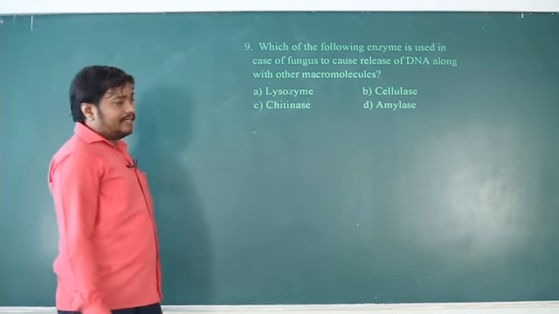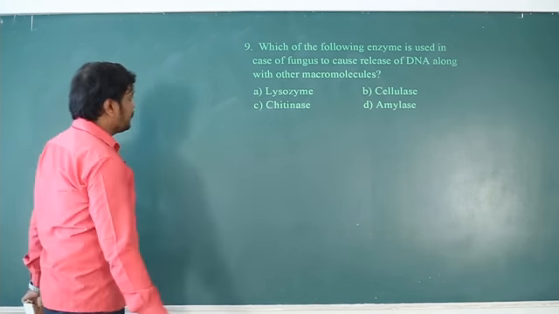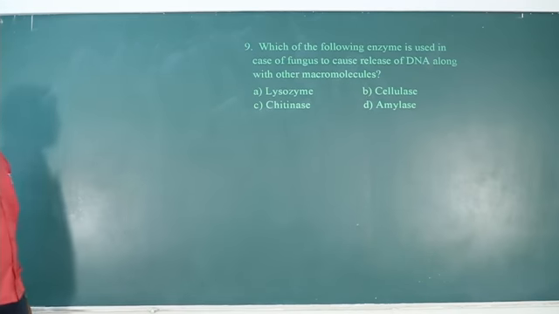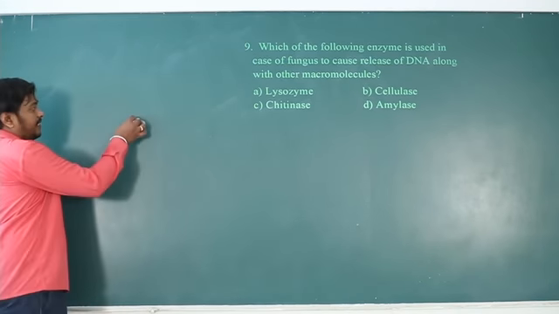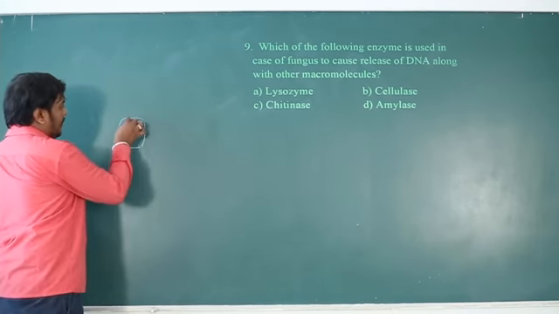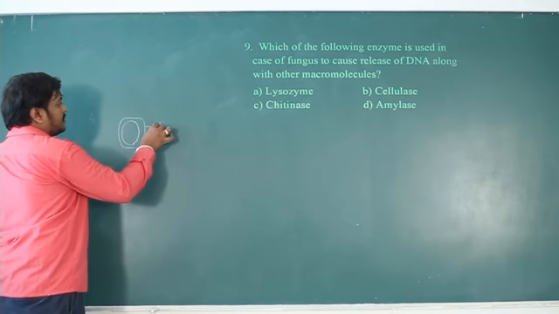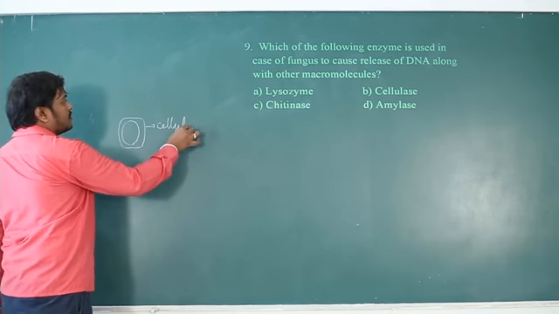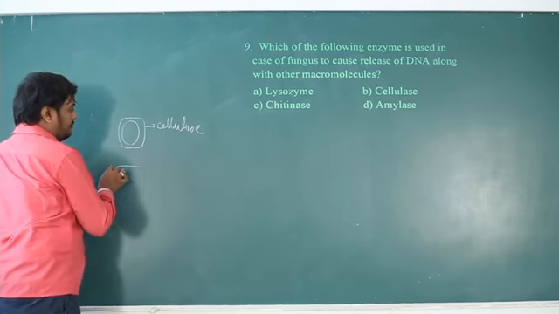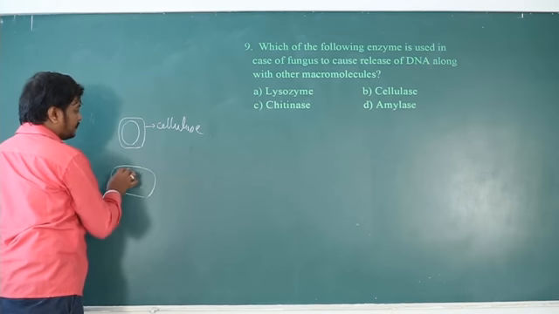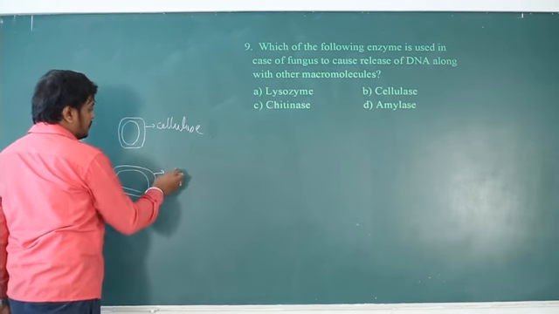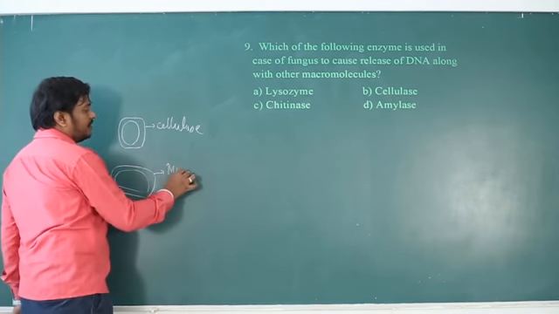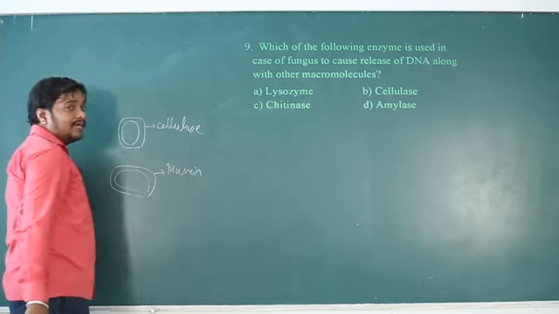Here, during isolation of DNA we need to use different enzymes depending on the cell wall material. If it is a plant cell, the cell wall is cellulose. If it is a bacterium, the cell wall is made up of murein or peptidoglycan.